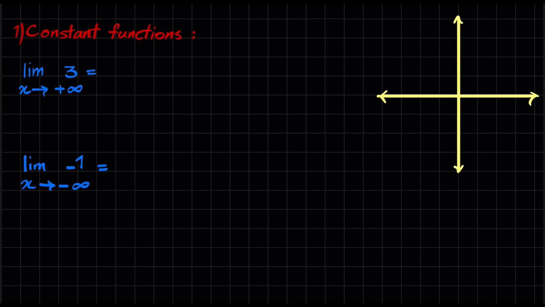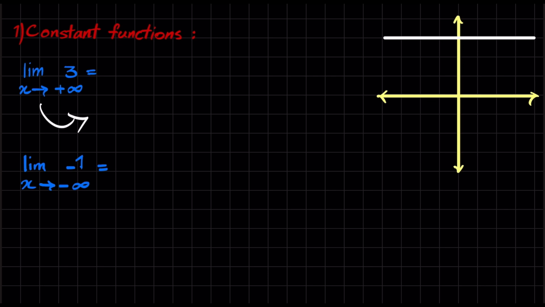So for the constant function part, let's start with a definition. In mathematics, a constant function is a function whose output value is the same for every input value. If we evaluate this graphically, it's going to be something like this.